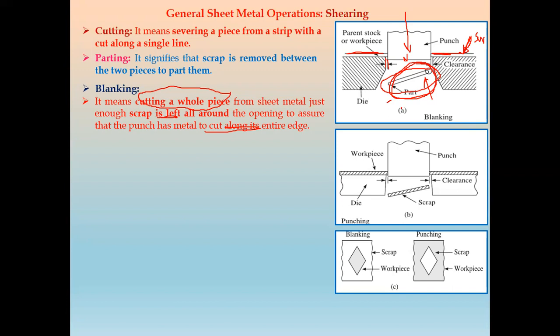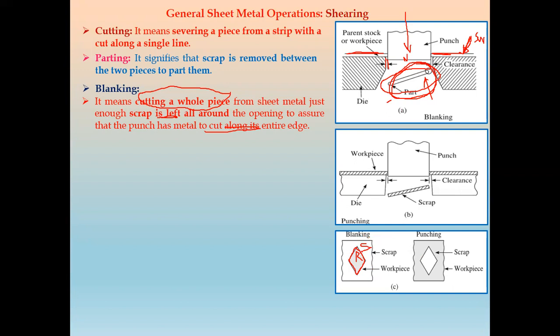So this one is blanking, where the entire sheet metal other than this required shape is the scrap part, and this is the required part. So this is the blanking operation.